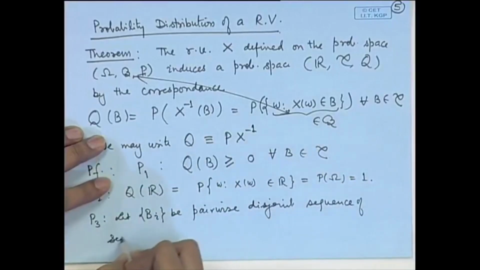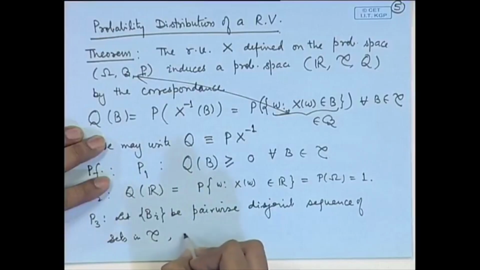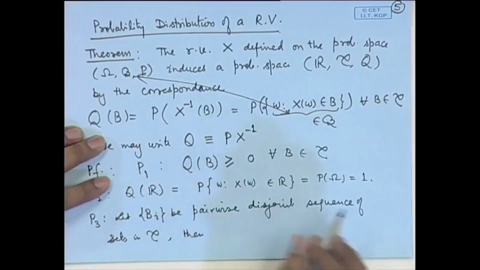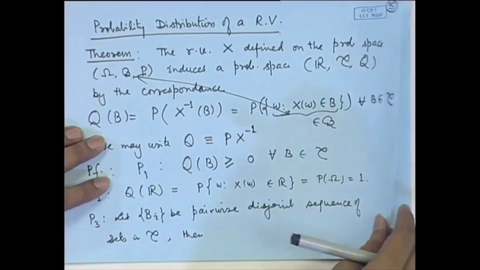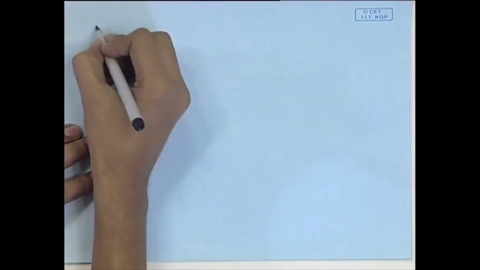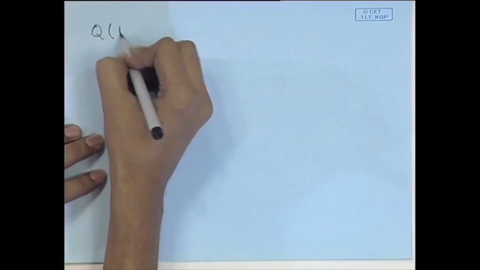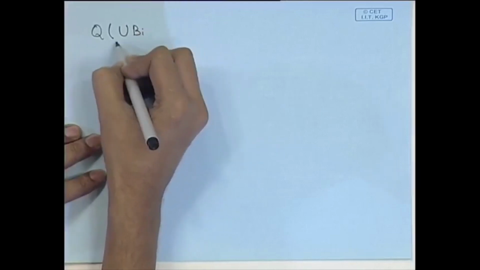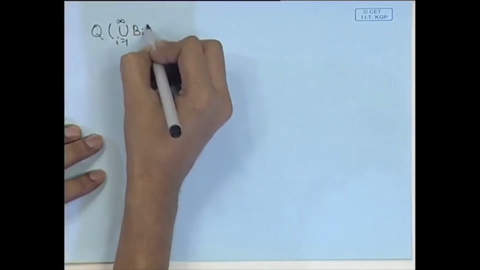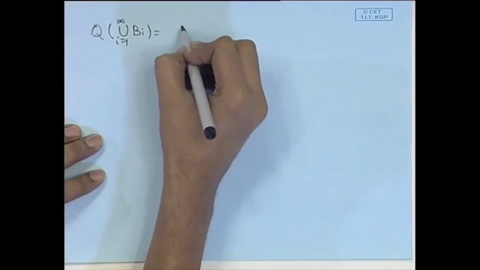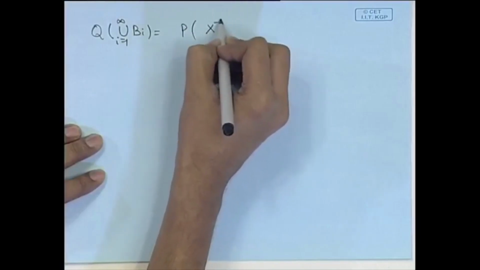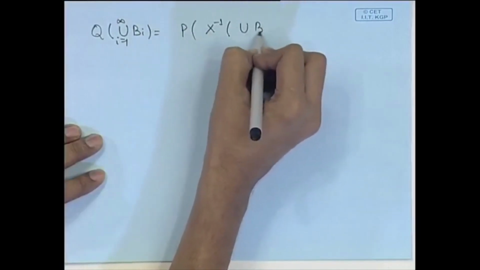sequence of sets in C, then Q of the union of B_i, i equal to 1 to infinity, is equal to the probability of X^{-1} of the union of B_i.